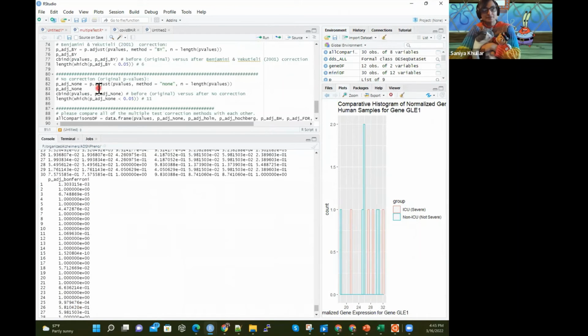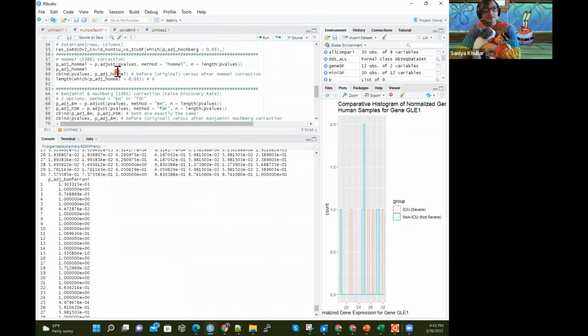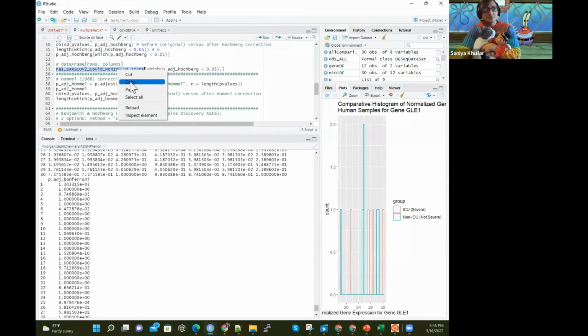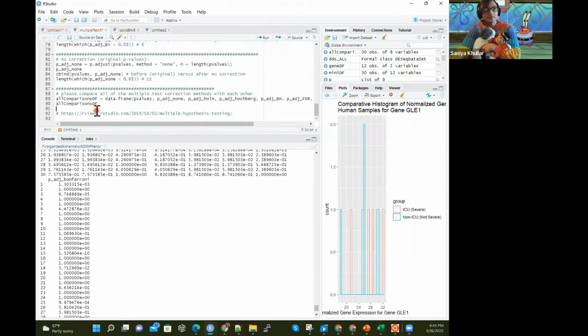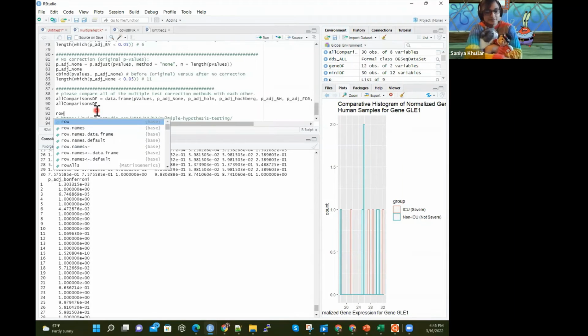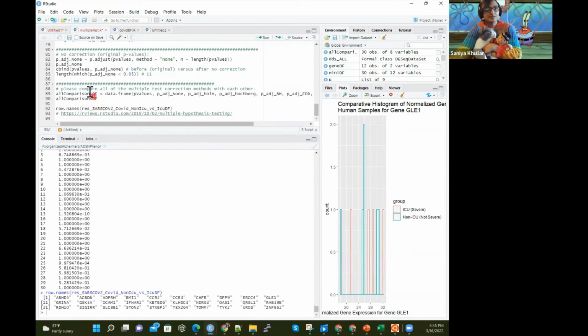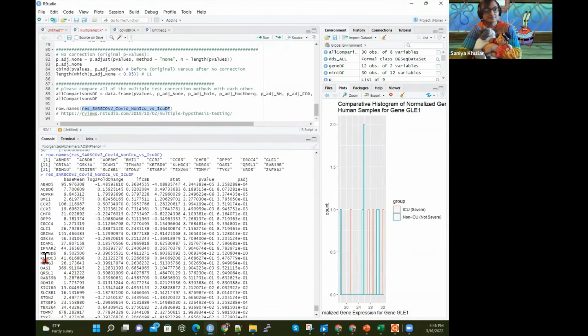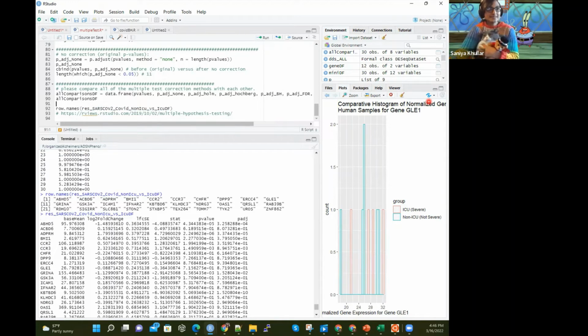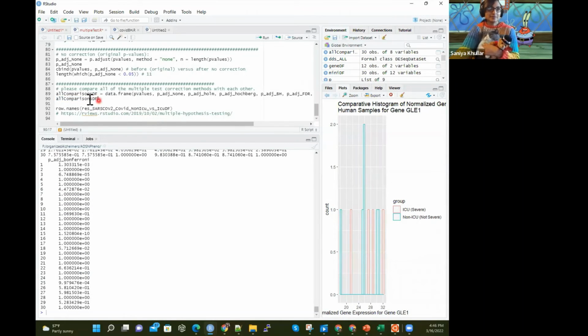And again, to see those 30 genes, which were being tested in our situation, the row.names of this data frame will give us those genes. Remember, each of these here is a gene. So I just do row.names, and these are the 30 genes right here. These are the 30.